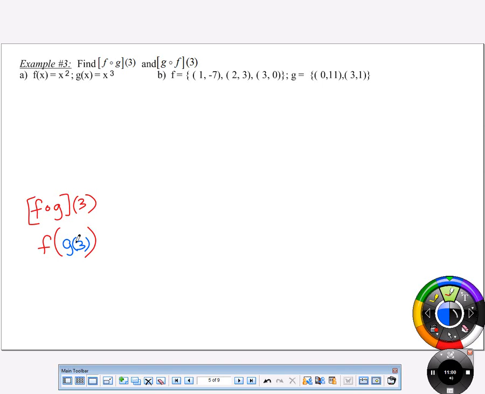Okay? Kind of like order of operations, if you had a problem with a bunch of parentheses, where would you start? The most inside tucked in one, right? That's kind of the idea here. Here's where we want to start. We want to change the name to an actual expression. Sometimes it'll have numbers if they give us numbers.